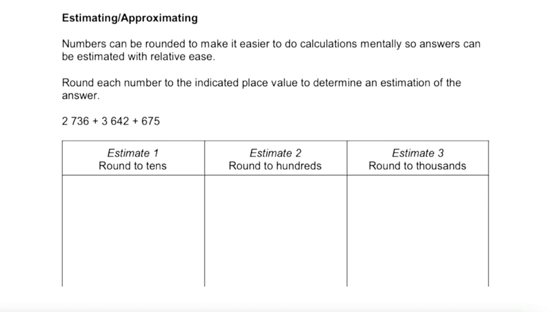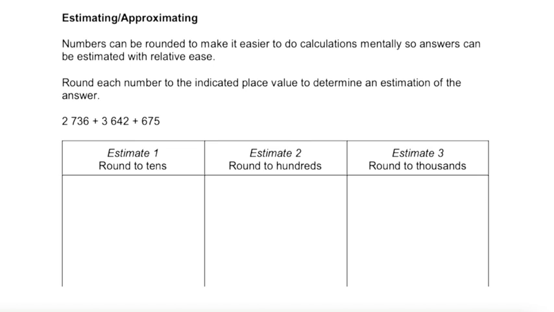And this allows us to determine whether or not our answer would make sense or not. If we can identify what the answer could be, then when we are doing our calculations, if we get a number that is really far away from our estimation, then we know we've made some sort of calculation error.